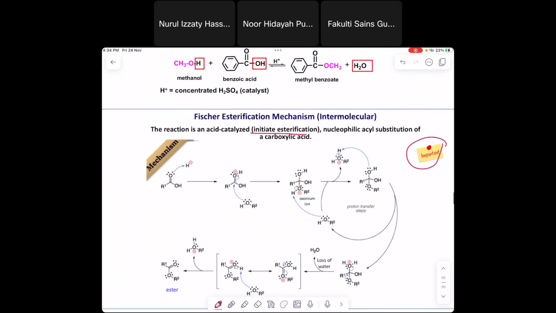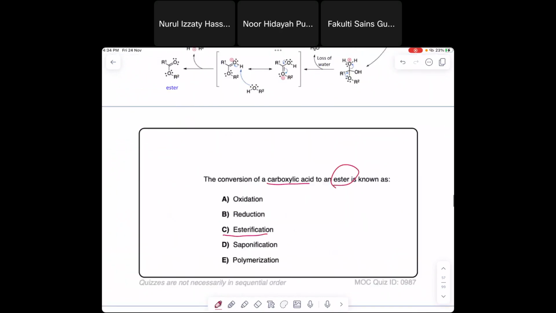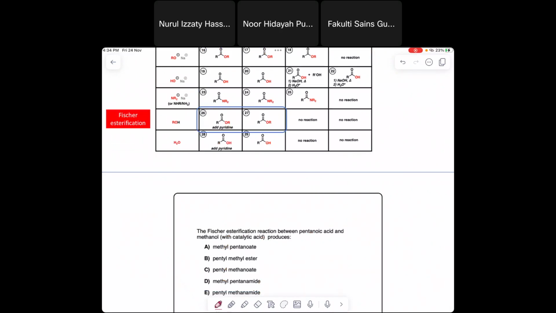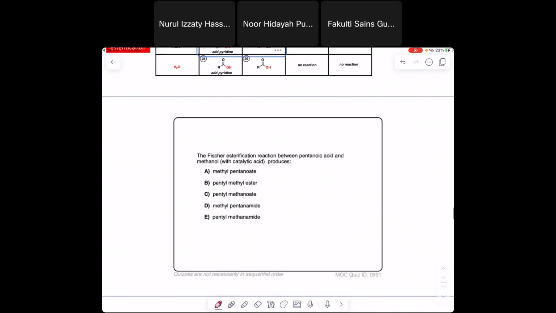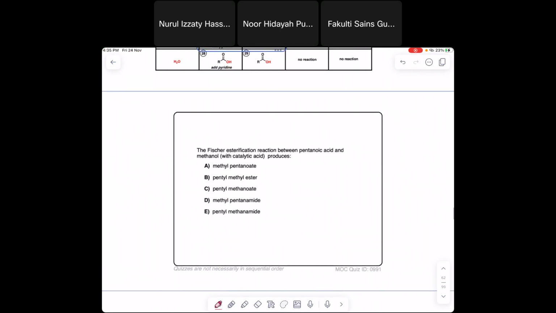So it start from carboxylic acid ni salah ni. So Fischer esterification, but I just wanted to show this is where you make an ester. Okay, so the Fischer esterification mesti datang daripada your carboxylic acid and your alcohol. Okay.